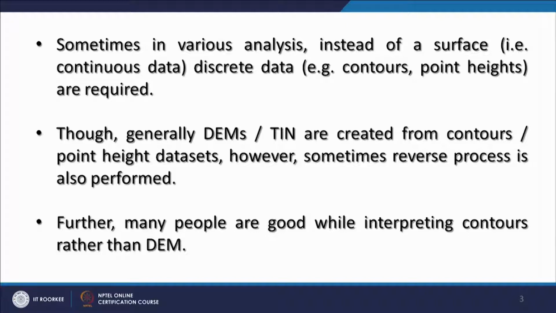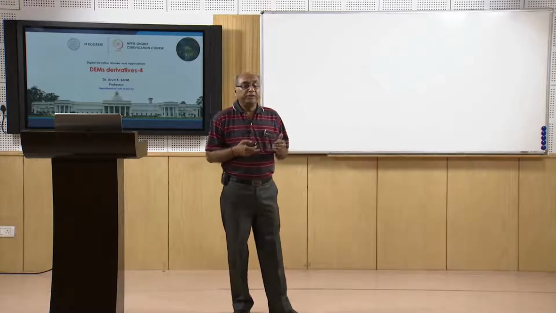Further, many people are better at interpreting contours than a DEM. Those who developed their understanding by looking at topographic maps and terrain in the form of contours are very good at interpreting contours rather than a continuous surface. From my own experience, people who have used topographic maps extensively find it very convenient to go through contour maps rather than digital elevation models.